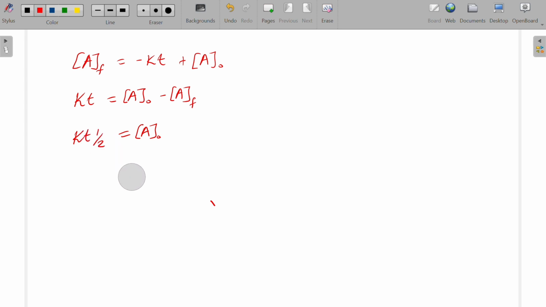Now, what we should know is that at half-life, we're going to have the final concentration equal to the initial concentration divided by 2, or half the initial concentration.